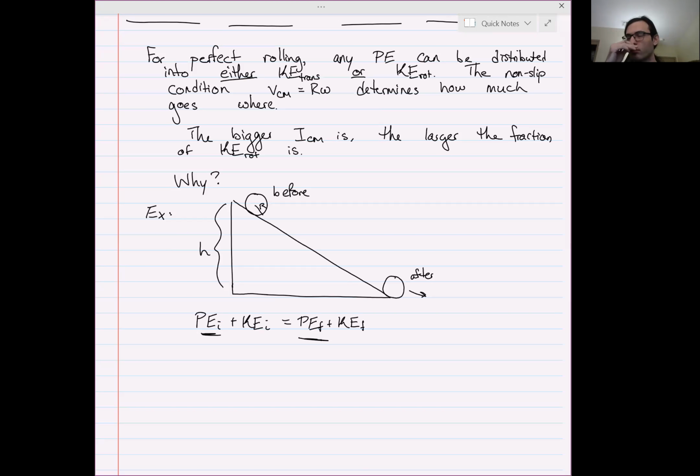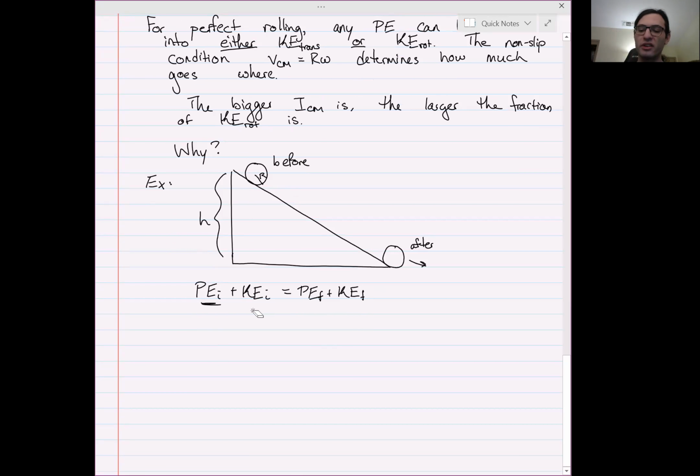So you know how to rearrange this. And so we would have mgh on one side, that is the change in potential energy. Potential energy decreased by mgh, and so the kinetic energy will go up by that same amount.